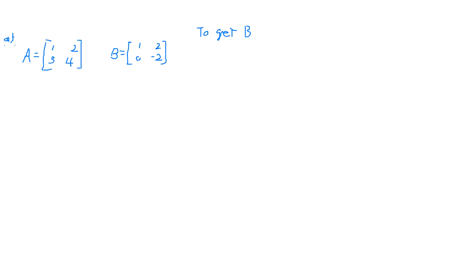To get B from A, you took negative 3 times the first row, added it to the second row, and replaced the second row by that result.